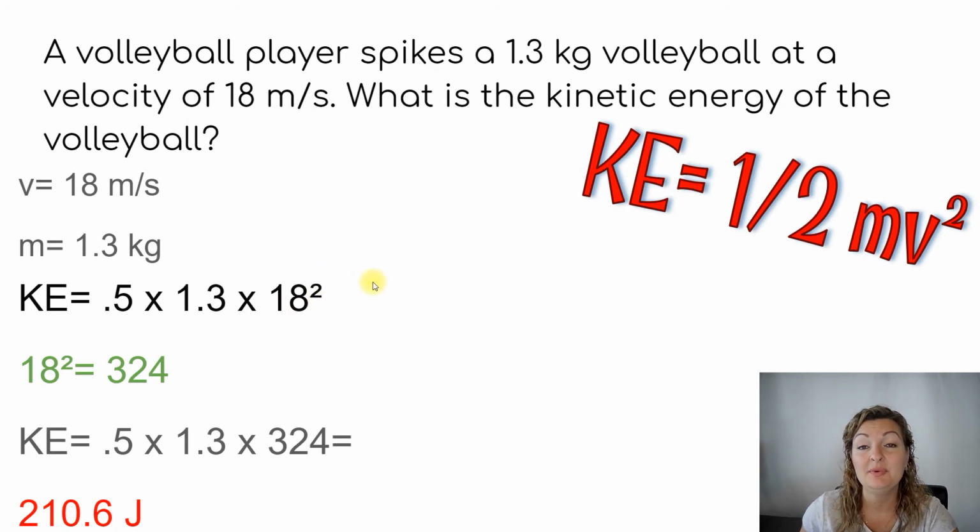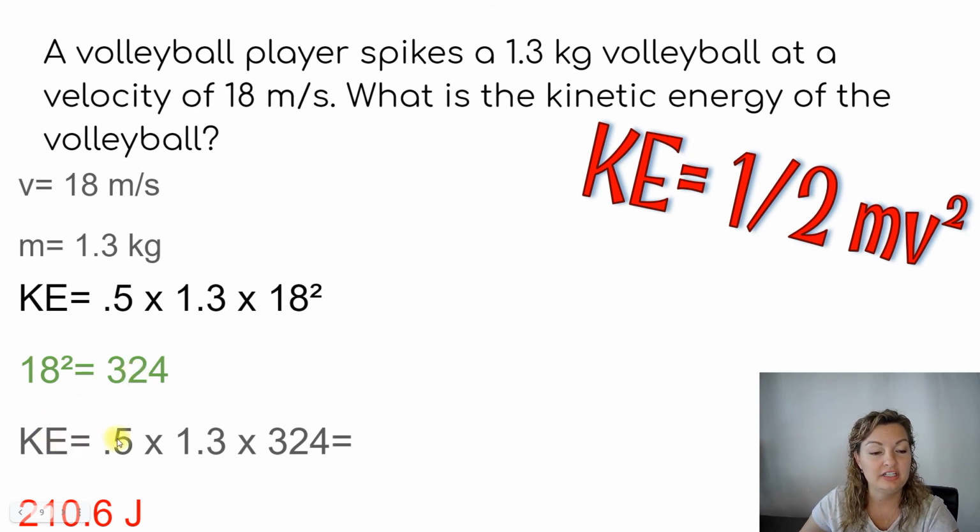Remember order of operations: we square first. So 18 squared equals 324. You can put this in your calculator, 18 squared, enter, or you can do 18 times 18, and it's going to give you the same answer. Now we drop that down so you can see what I'm multiplying for my final answer.